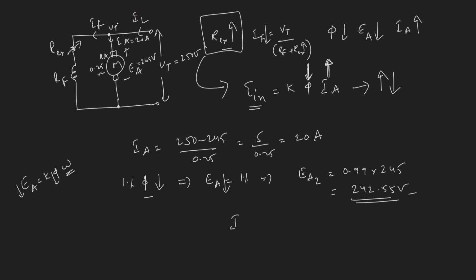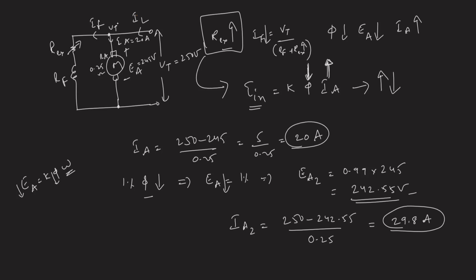Now what will be the new IA? Supply voltage is constant, 250 minus 242.55 divided by the same armature resistance. Now this will come to 29.8 amps. So earlier it is 20 amps, now it is 29.8, almost 10 amps increase on 20. So IA2 is increased by almost 50%.